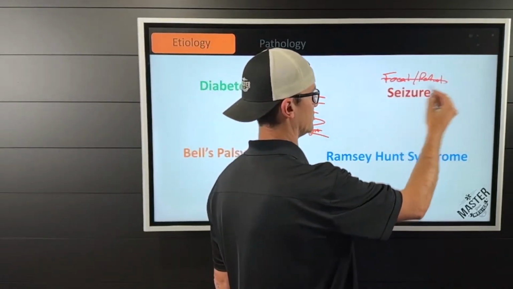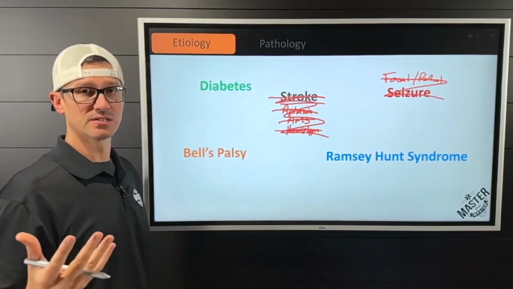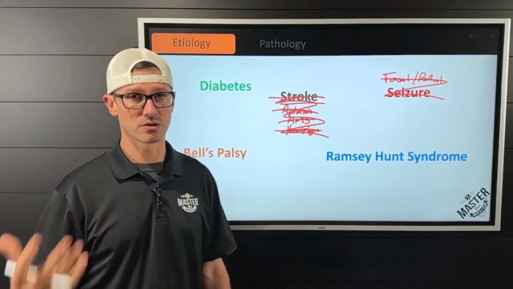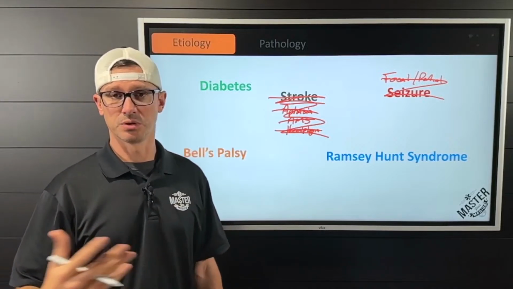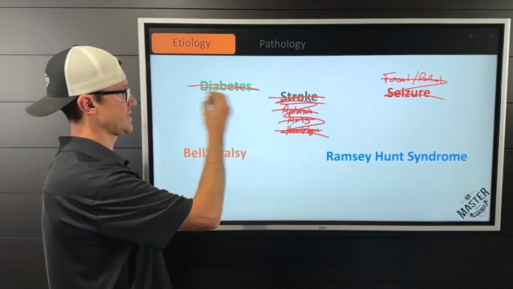So we can rule that out as well. Diabetes can most definitely mimic a stroke. Well, we checked blood sugar and it is normal. So we can rule that out.